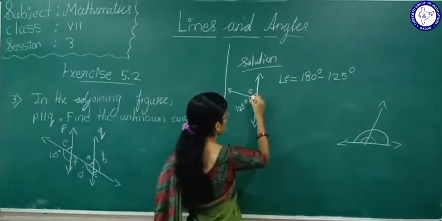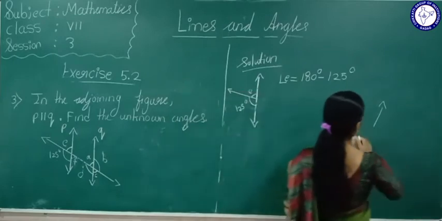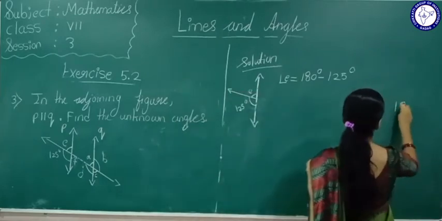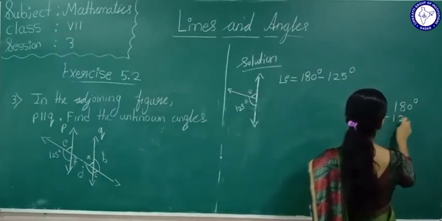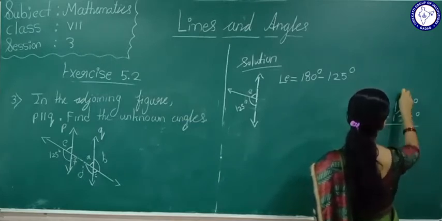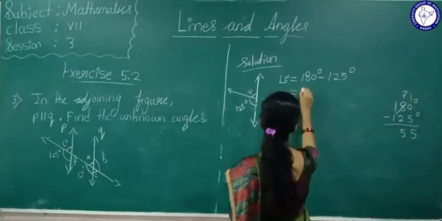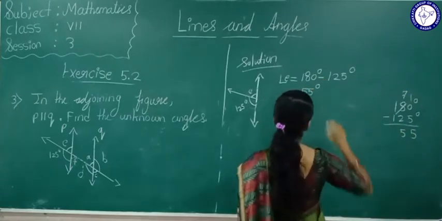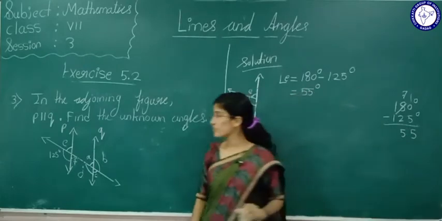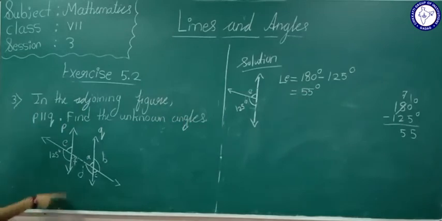Now angle E is what? The full 180 minus 125 degree. What is that? 180 degree minus 125 degree. 10 minus 5 is 5. Here it will be 7, 7 minus 2 is 5. It will be 55 degree. Angle E is 55 degree.